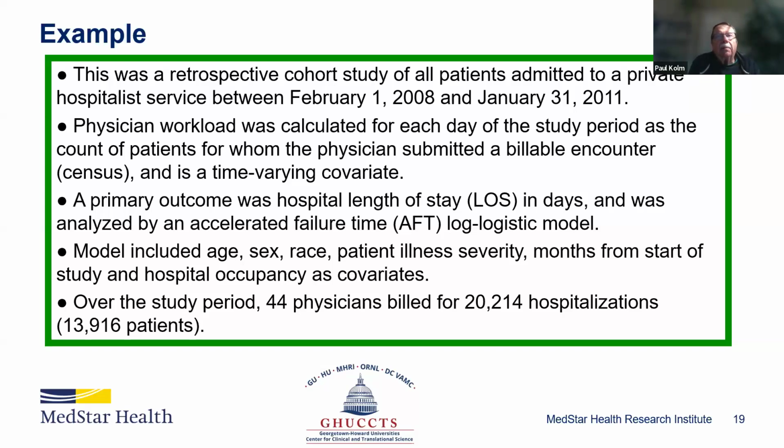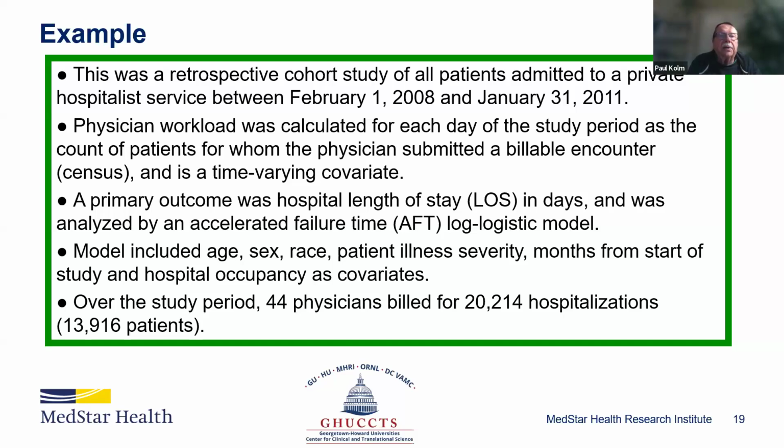The primary outcome, actually there were a couple of them, but the primary outcome was hospital length of stay. And we use what's called an accelerated failure time model, a log logistic model, and I'll explain that in the next slide. The variables included age, sex of the patient, race of the patient, index of patient illness severity, months from the start of the study, and then hospital occupancy as covariates.